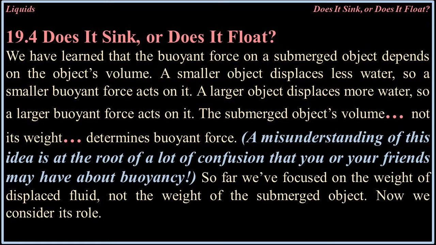The submerged object's volume, not its weight, determines buoyant force. A misunderstanding of this idea is at the root of a lot of confusion that you or your friends may have about buoyancy. So far, we focused on the weight of displaced fluid, not the weight of the submerged object. Now we consider its role.